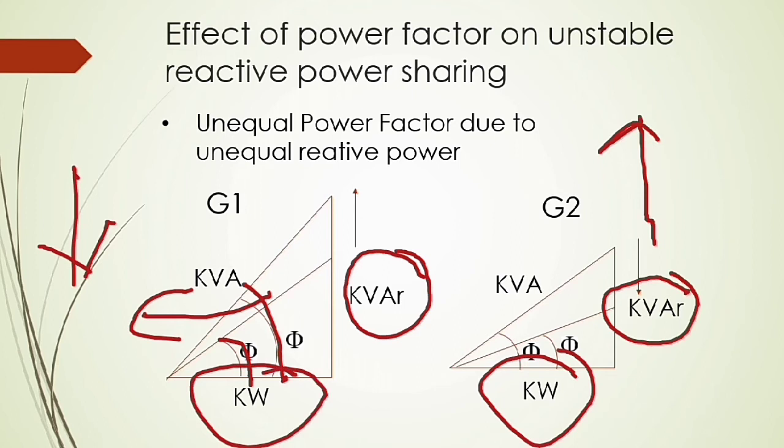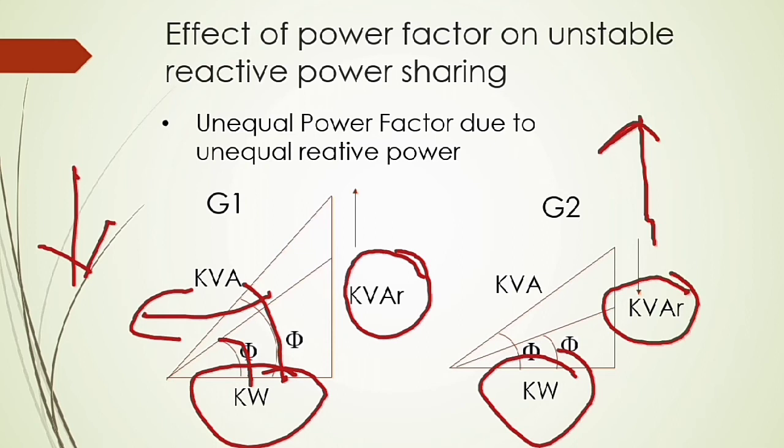That means this is constant by the speed droop characteristics. But the current varies, because when the load is increased, the armature current also increases.